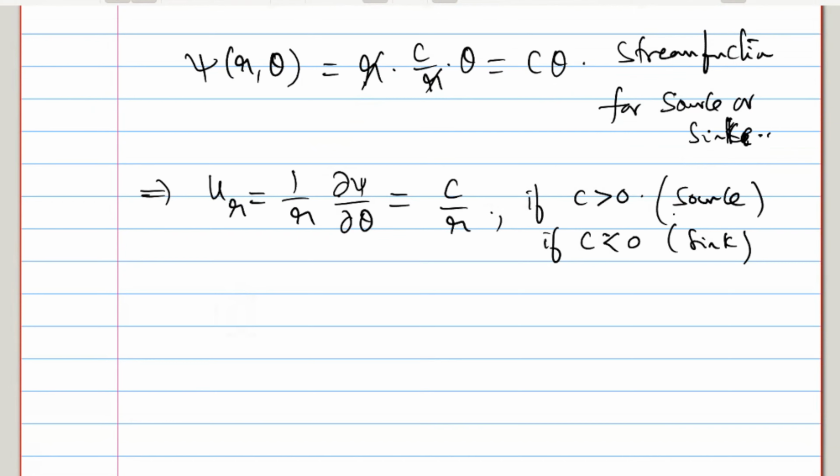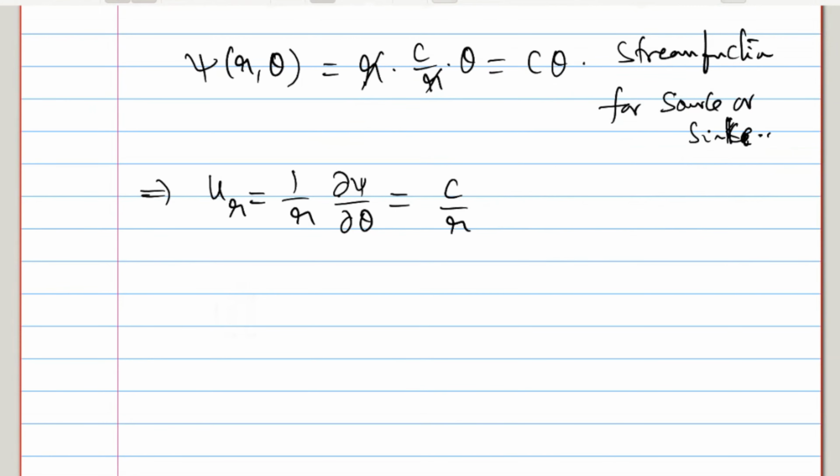So source if c is positive, sink if c is negative. Okay, based on this.